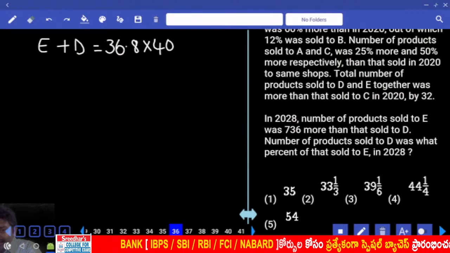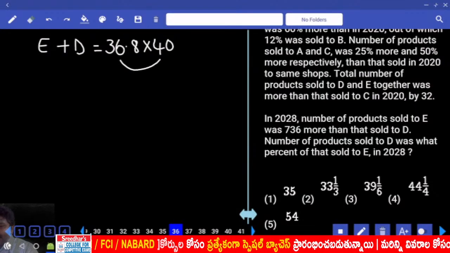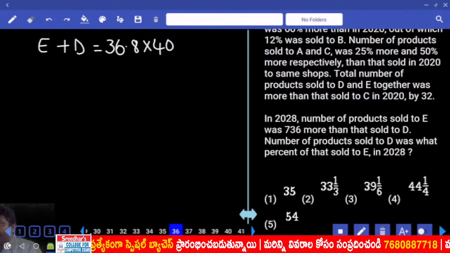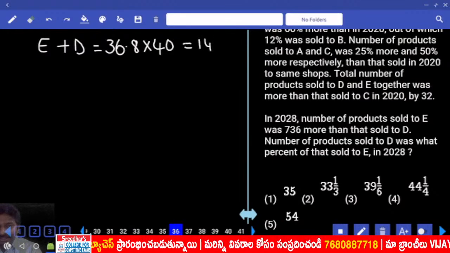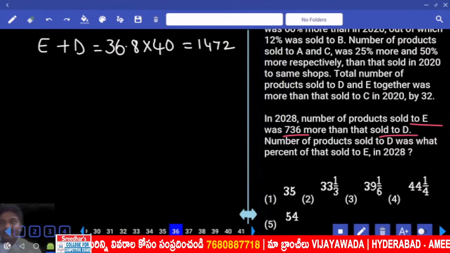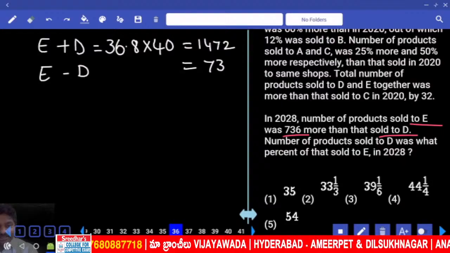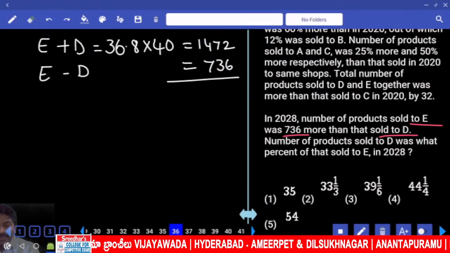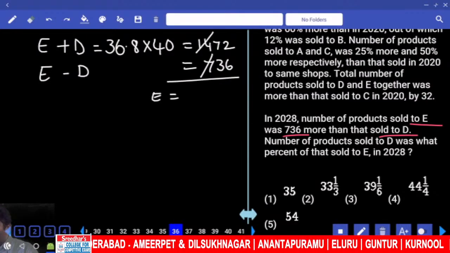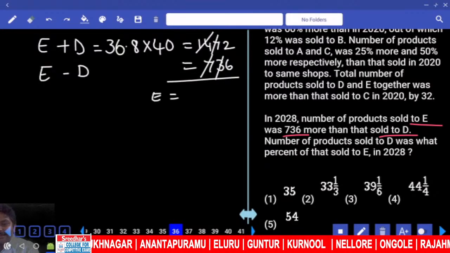Decimal and 0 can be cancelled. 4 times 300, 4 times 1200, 64 times 240, 1440, 8 4 times 32, 1472. And it is said E is 736 more than D. That means E minus D is equal to 736. Then E value is equal to sum divided by 2. 1400, 700, 2100. 70, 30, 1 more 100, 2200 and 8.